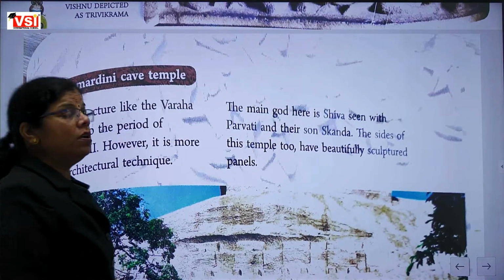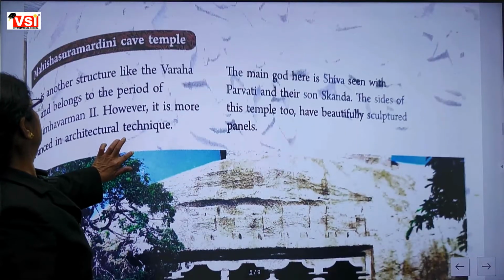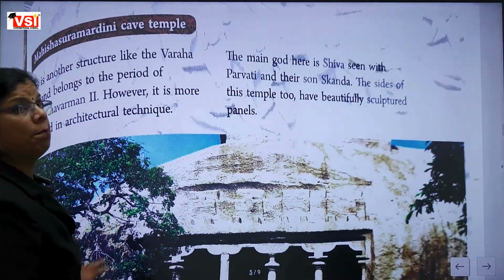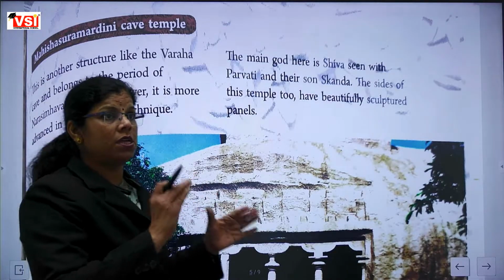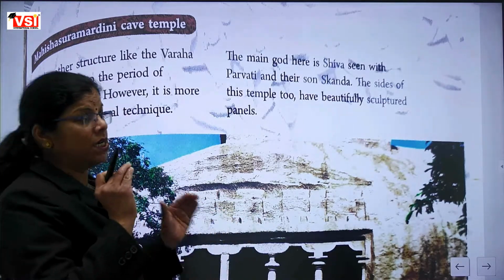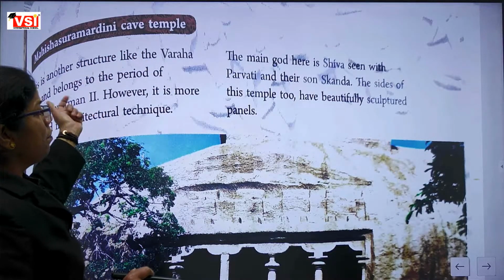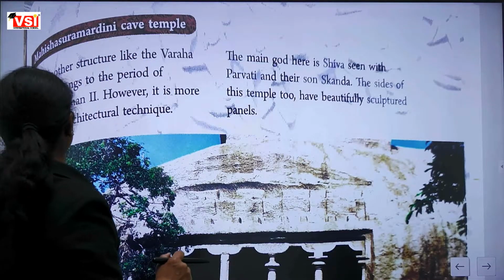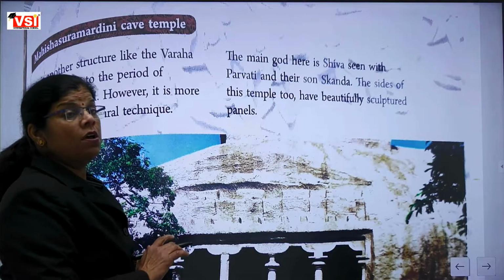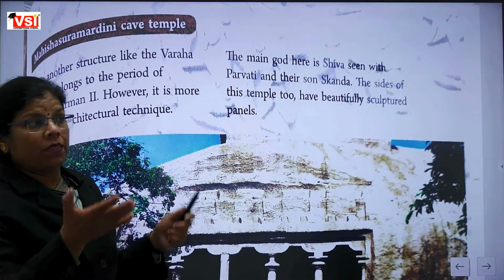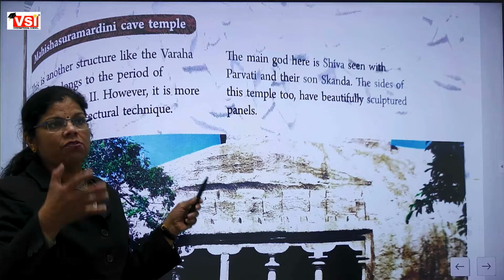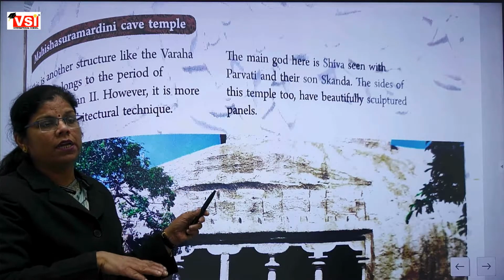What is shown in this Mahishasura Mardini cave temple is again a cave temple. Most of the temples shown in Mahabalipuram are cave temples, meaning rocks are hollowed. These big size rocks were there in that area.